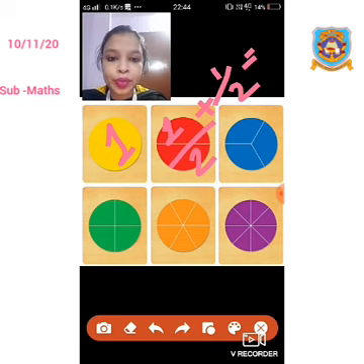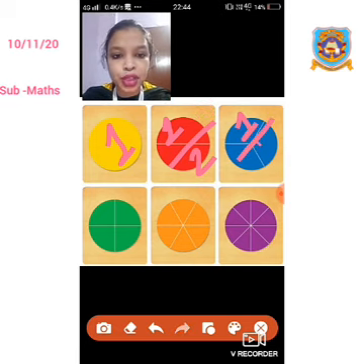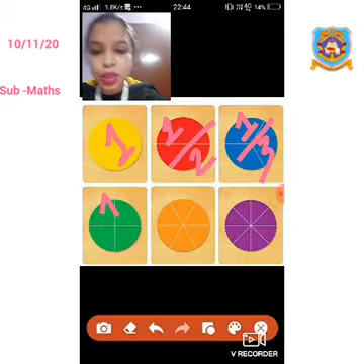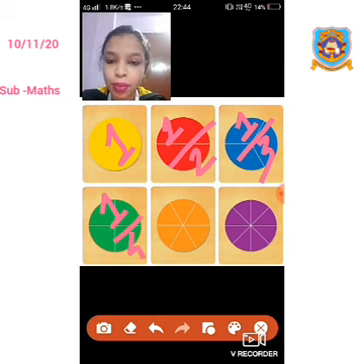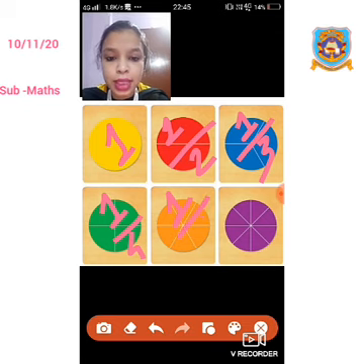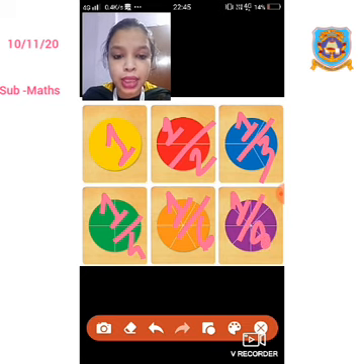Okay children, the next I have divided into 3 equal parts. So I can write the fraction as 1 by 3. The next I can represent as 1 by 4 if I take one part out of the 4 equal parts. The next is 1 by 6 because there are 6 equal parts, and similarly the last is 1 by 8, if I have to take one part.